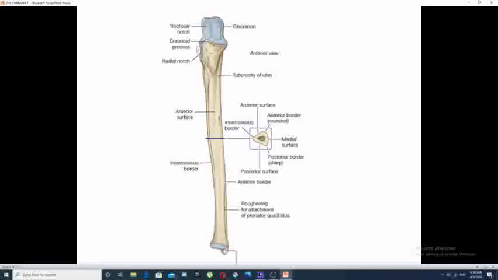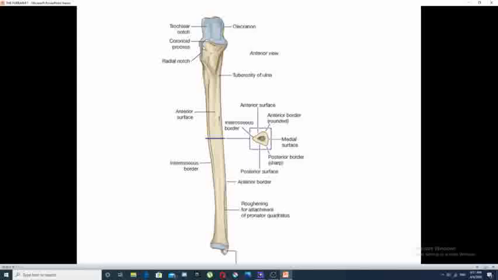On the lateral surface or lateral border of the coronoid process, a small notch for articulation with the head of the radius called the radial notch. And here is another articular facet for articulation between the ulna and radius at the proximal radio-ulnar joint.